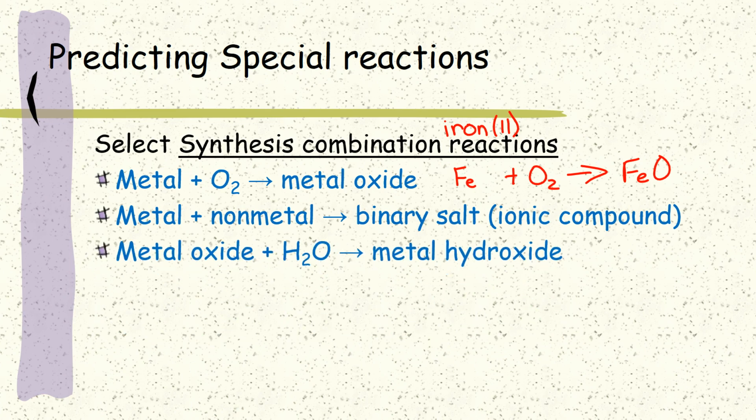All right. Now, this is where it starts getting a little bit different. So if I take that metal oxide that I created earlier, so if I have iron 2 oxide and I react that with water, it's going to create a metal hydroxide. So over here, what is the formula for hydroxide? OH. So now we still have to come back and balance it.